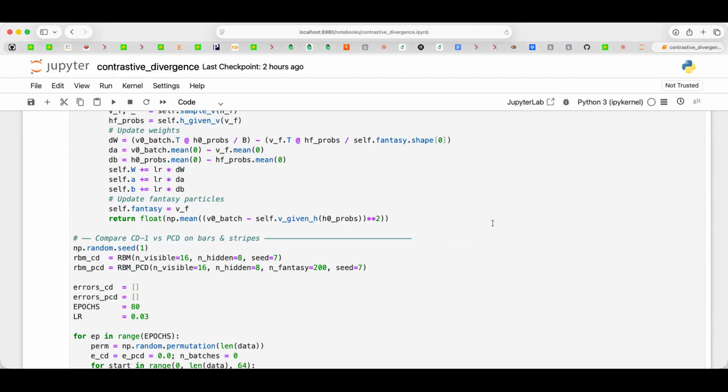Let me just find the note. Okay, let's just wait till I find the notes again.